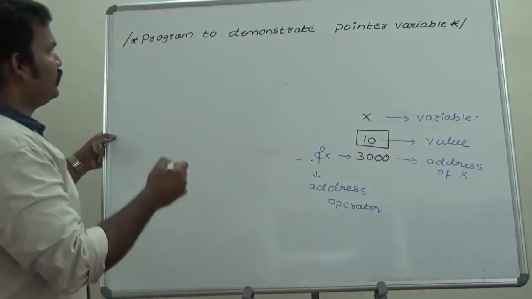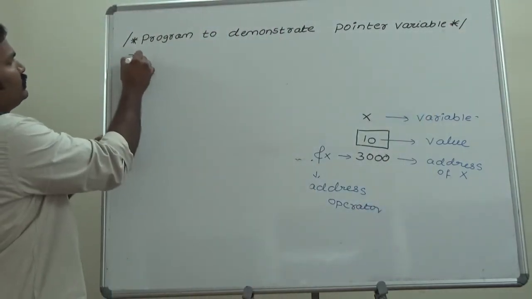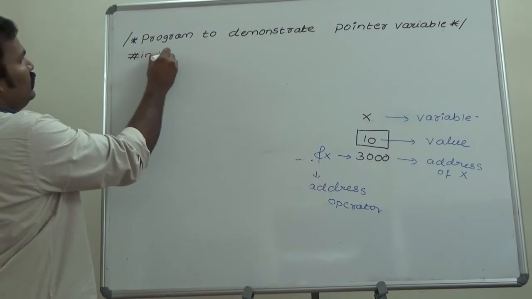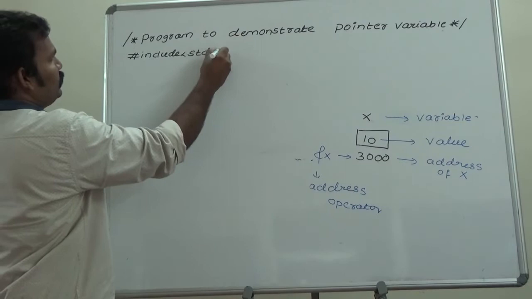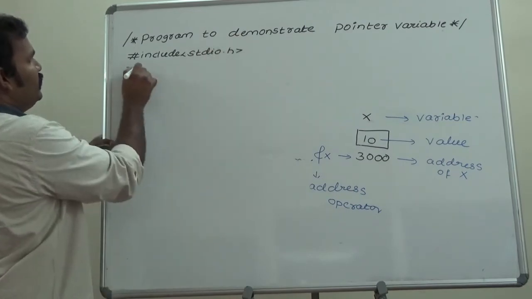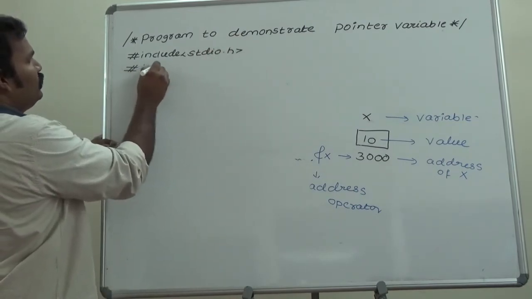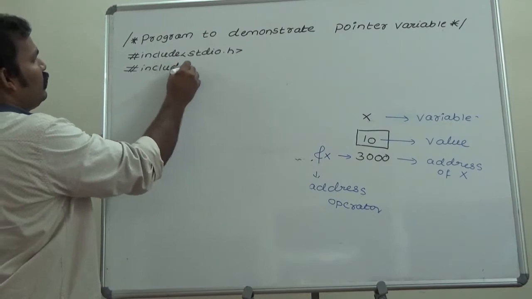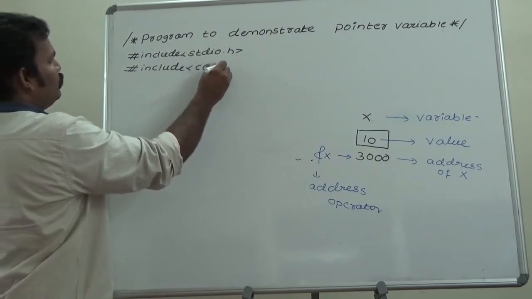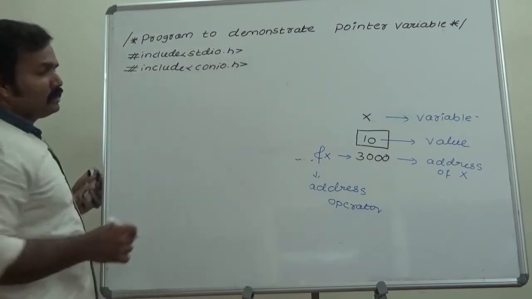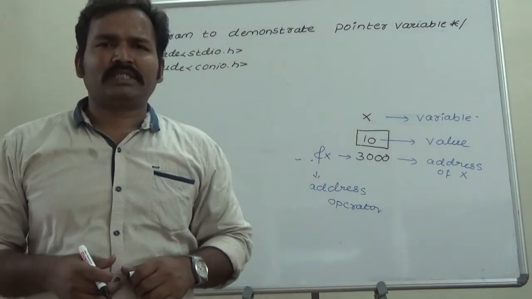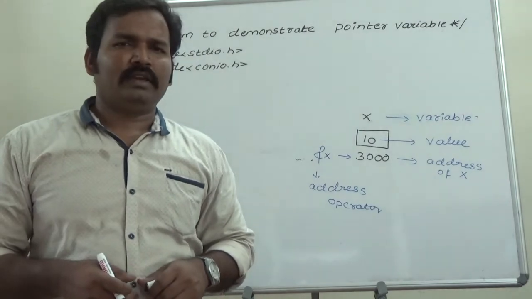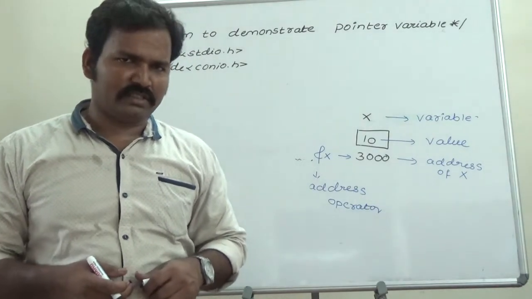Right. So header files, first link section. The link section contains header files. Here I am including two header files, the stdio standard input output header file and the conio console input output header file, because in this program I am going to use printf, scanf, and clrscr functions.